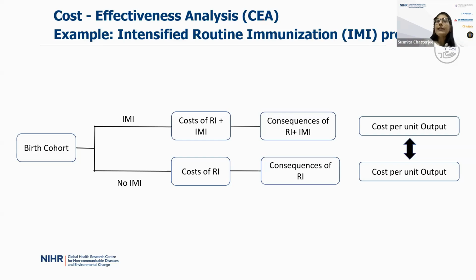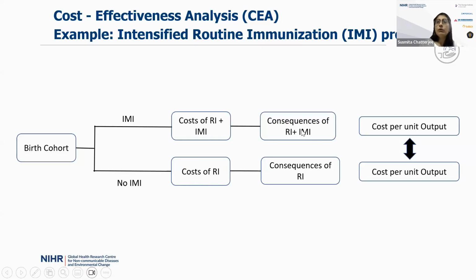That means you have to cost only the IMI, which is the incremental. That's why I said that day that it's not the routine cost, it's the over and above whatever we did. So it's the cost of RI plus IMI in the case of IMI, and when there is no intervention, it is only the counterfactual cost.